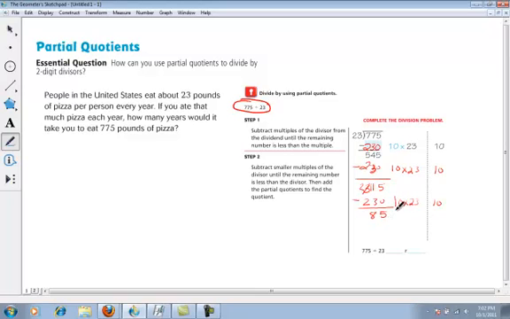But I do know what 2 groups of 23 would be. And if I make 2 groups of 23, I'm going to write 2 here because that's 2 groups. I know that that's going to be 46. So I'm going to subtract 46.